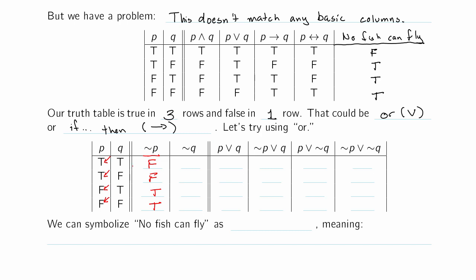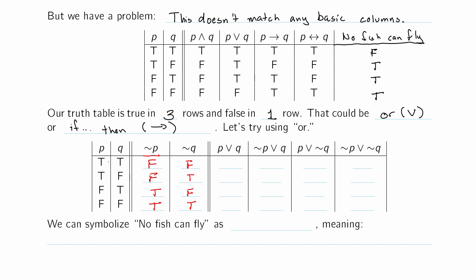To symbolize not Q, same process. Q is true, not Q is false. Q is false, not Q is true. Q is true, not Q is false. Q is false, not Q is true. Okay, and remember, or is true if at least one of the statements is true. It's false if they're both false.